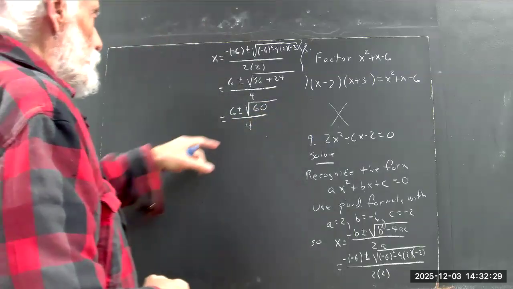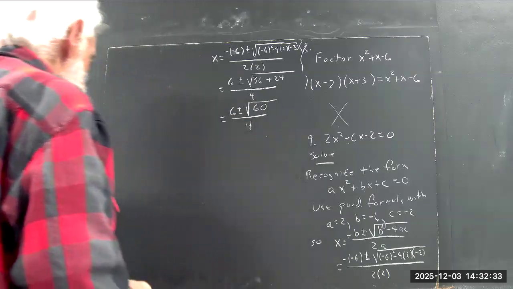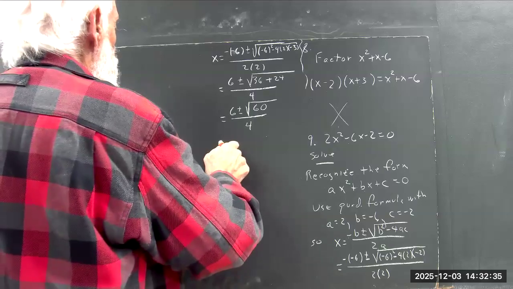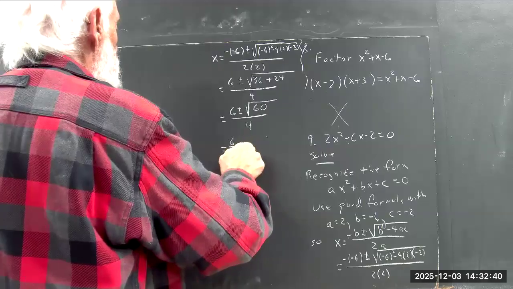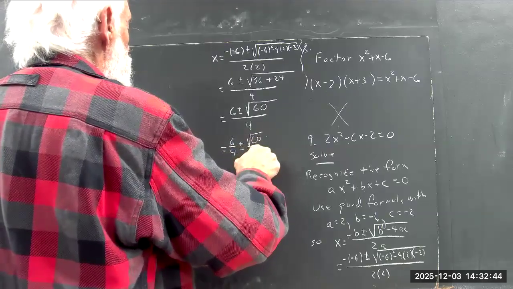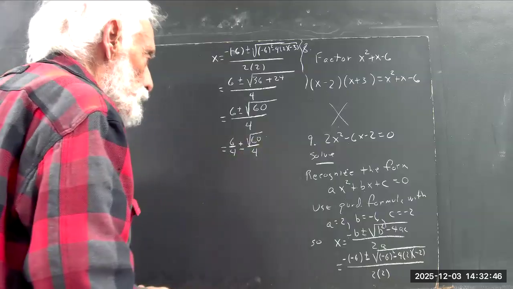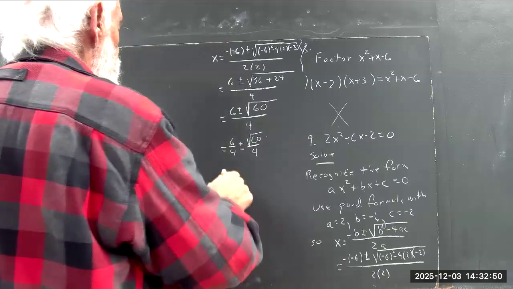We have 6 plus or minus the square root of 60 over 4, which we could write as 6 over 4 plus or minus the square root of 60 over 4. And we can approximate that as it is.